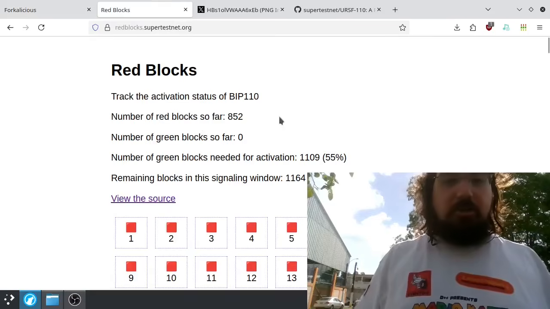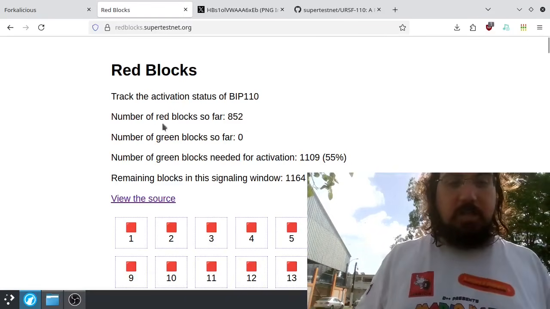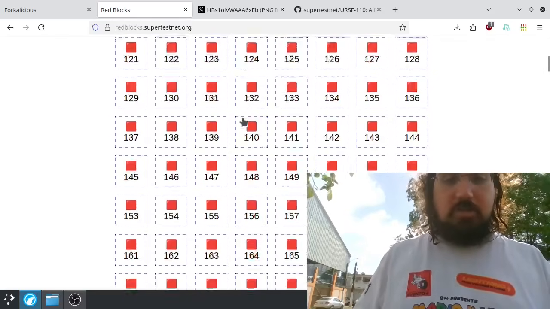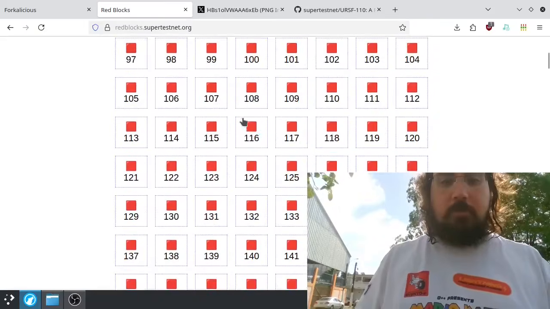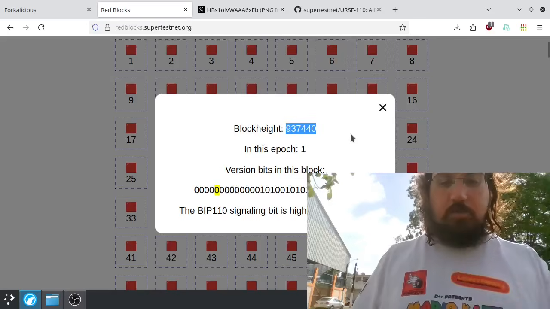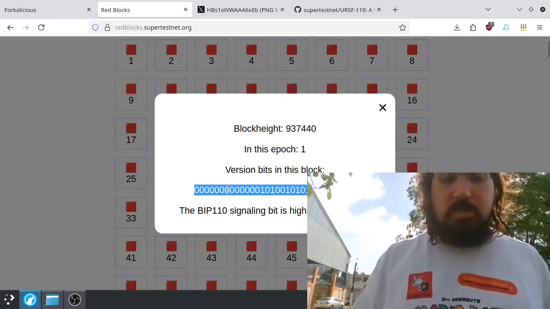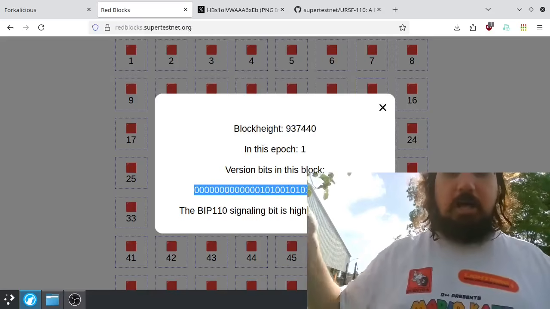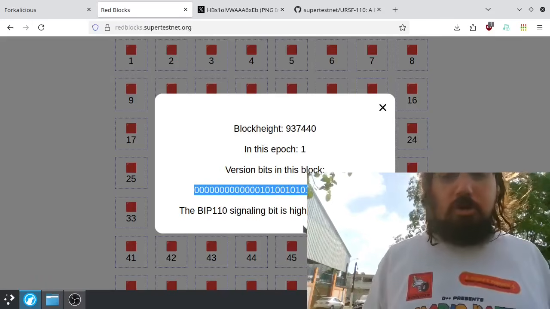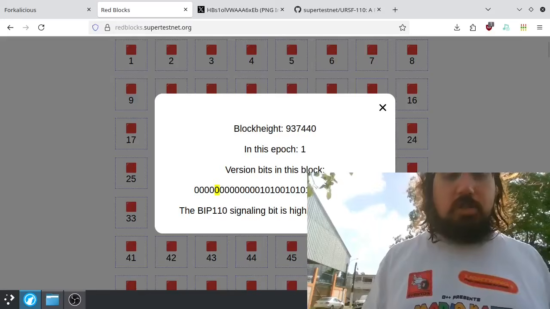I've got a little visualizer here at redblocks.supertestnet.org where you can see this. You can see miner signaling, and as you can see, all the blocks from the current signaling window, which began at this block height, don't signal in favor of BIP 110. By the way, these are called the version bits. These are in a block header. Some of the first 32 bits are used for signaling which soft forks a miner is enforcing.